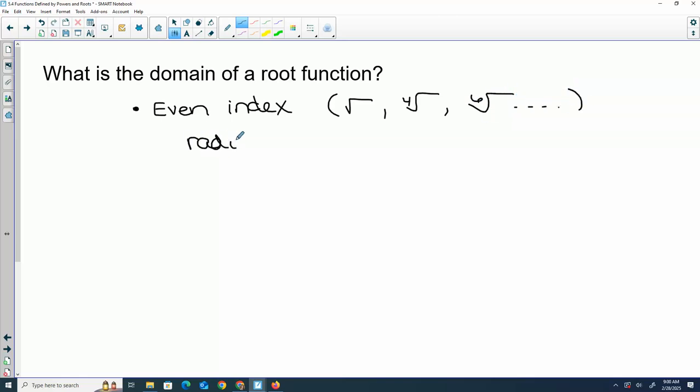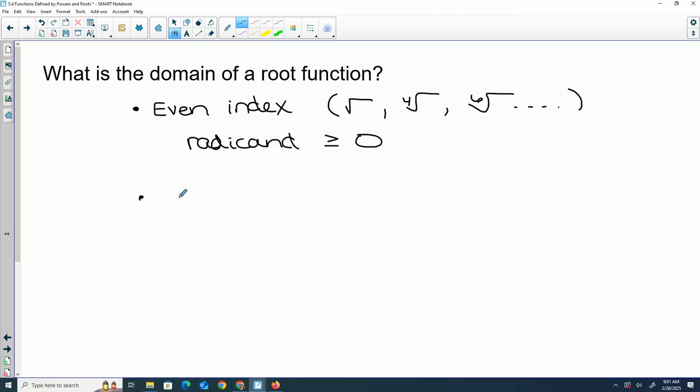The radicand, the thing under the radical, has to be greater than or equal to 0. If it's less than 0, that's when we have imaginaries. So make sure you're jotting this down. We're going to have problems today where we're identifying domains, and this is what we're going to look back at. If it's an even index, the thing under the radical has to be greater than or equal to 0.